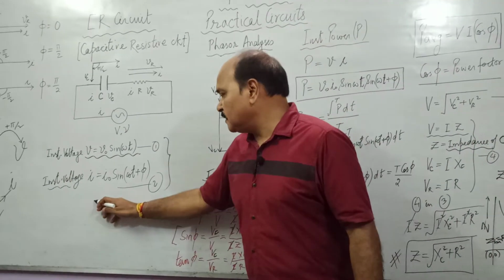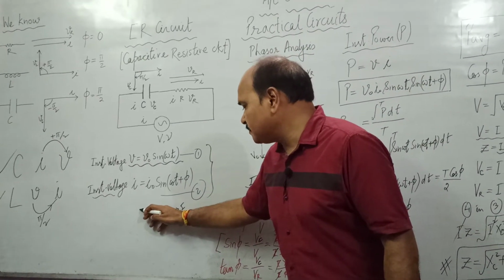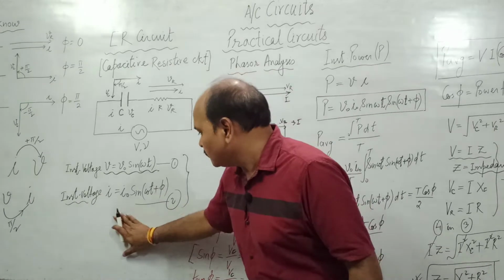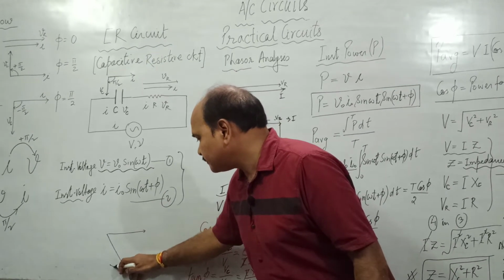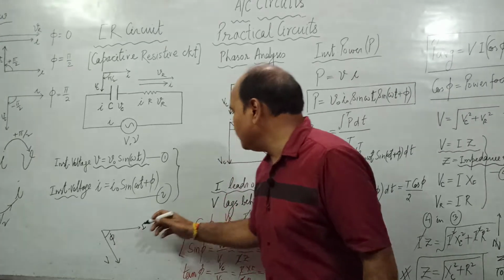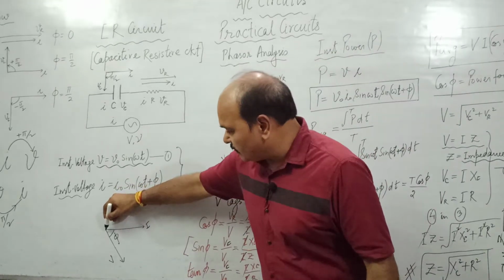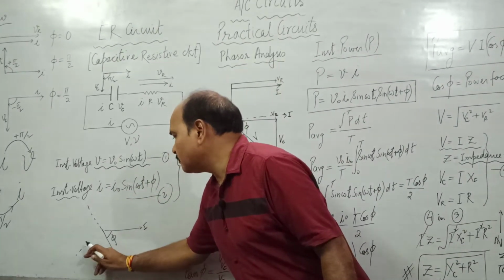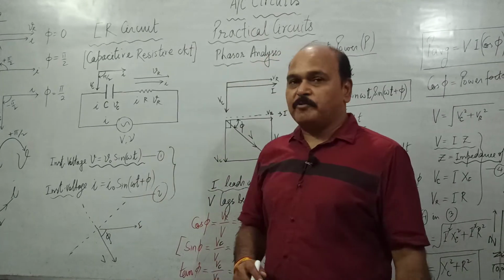So this is I in the circuit, and this is V, which lags behind I by phase phi. Now in this situation, if we take this V as one of the axes, the other axis is taken as perpendicular to V, like this, then this I will have two components.